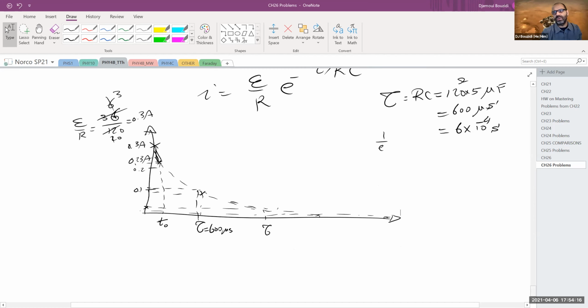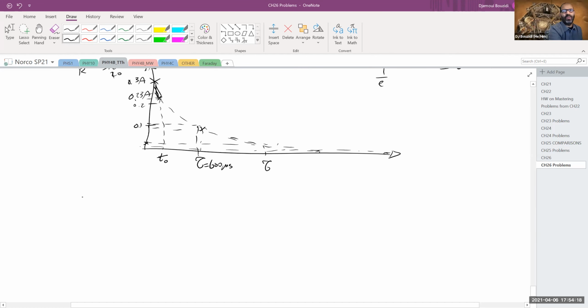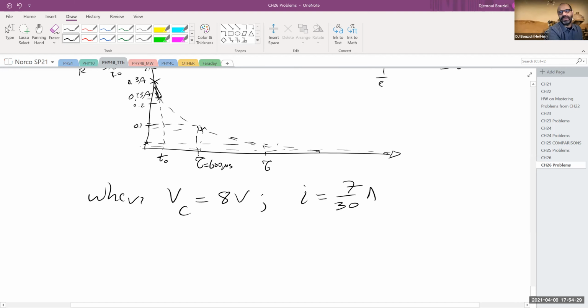So here is the equation that we need to solve. When VC is equal to 8 volts, we found I to be equal to 7 over 30 amps. This must be equal to, at the time T equal to T naught, epsilon over R times exponential of minus T over tau, which is RC, okay?